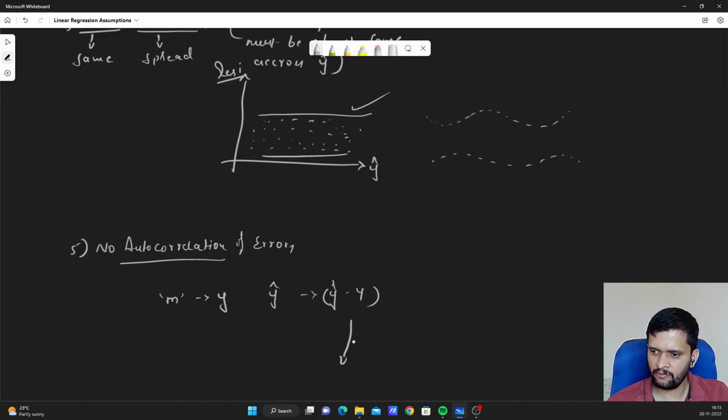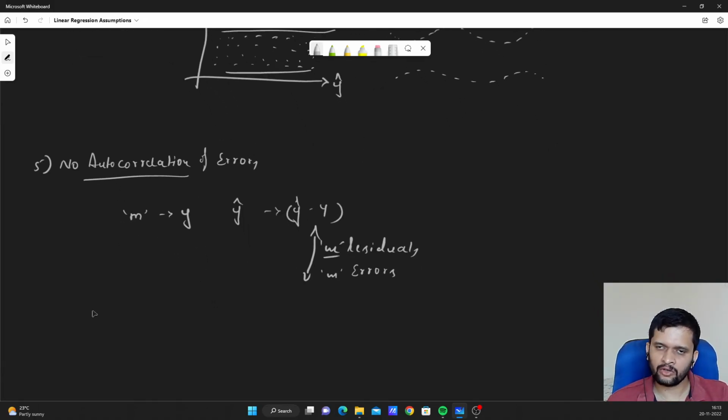So we will have our m residuals. These residuals are also called errors. So we will have m errors. For each training example, we will have an associated error term. That is the predicted value for that example minus the actual value for that example will give us the error or residual.